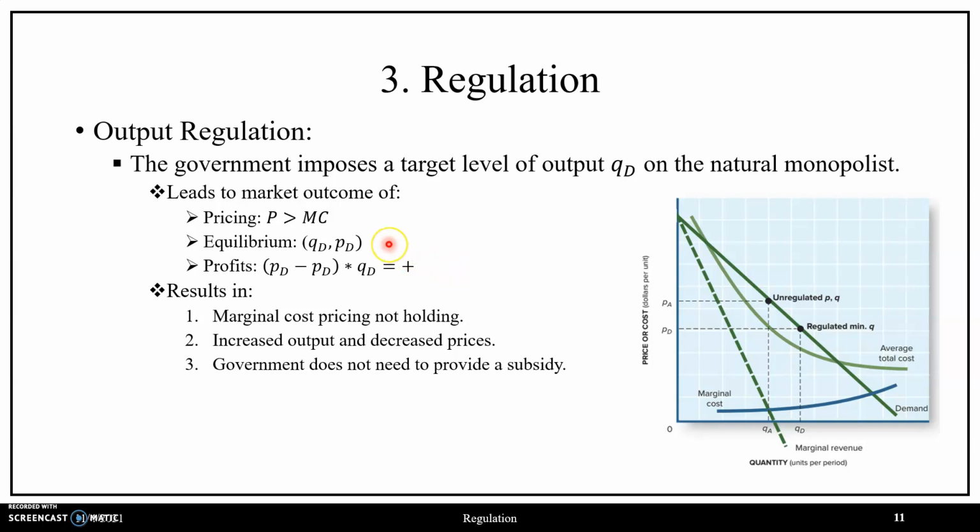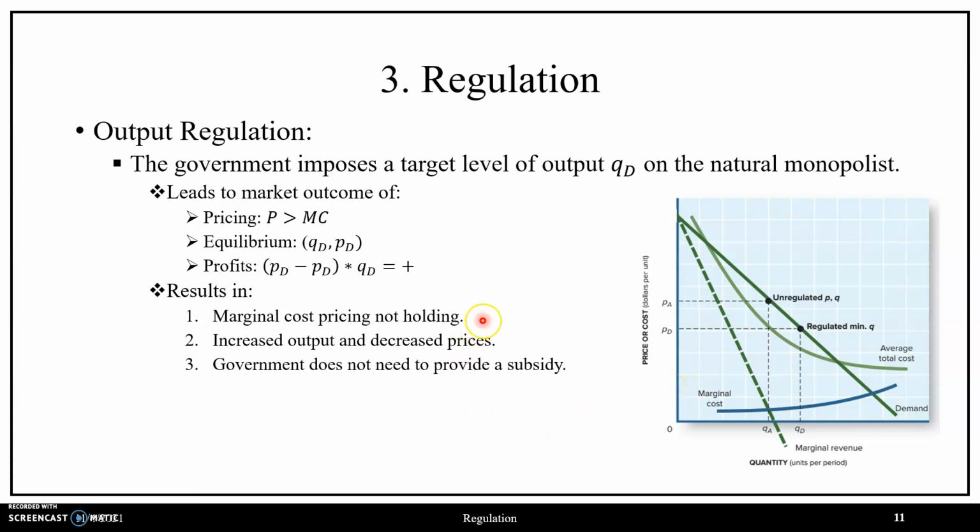And in terms of this equilibrium output and price point, we see that QD is strictly larger than our natural monopolist outcome, and our price point PD is strictly less than the natural monopolist price point. But we also observe, when we look at marginal cost equal to market demand, that our new outcome is a higher output, but not as much as the perfectly competitive case, and our price point is low, but not as low as the perfectly competitive case.